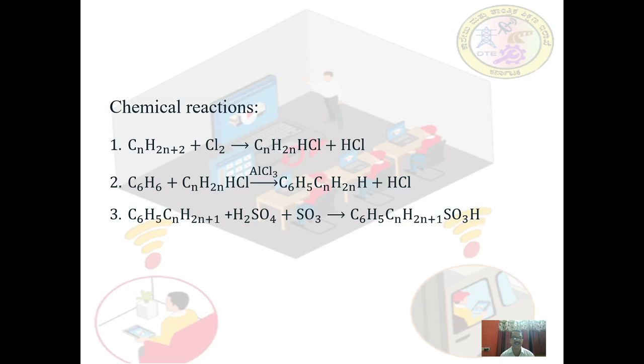This C6H5CnH2n+1 plus H2SO4 plus SO3 gives C6H4CnH2n+1SO3H.